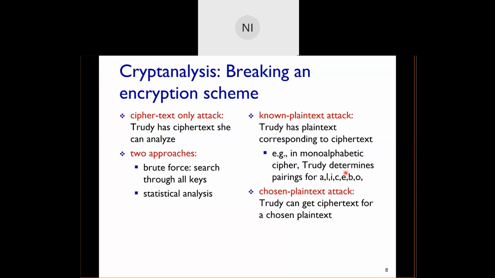Because of all these things, they were able to break the system, and that led to the completion of the Second World War a bit early compared to what everybody thought. It is a very interesting read. At a high level, this is what happens in the case of a chosen plaintext attack versus a known plaintext attack.